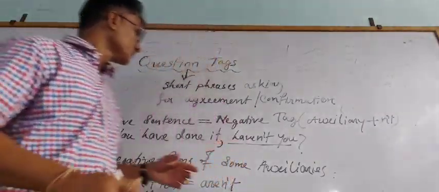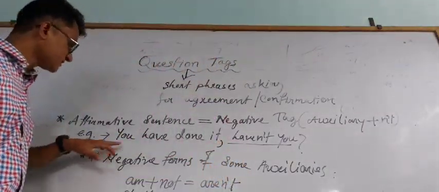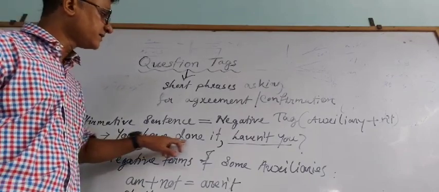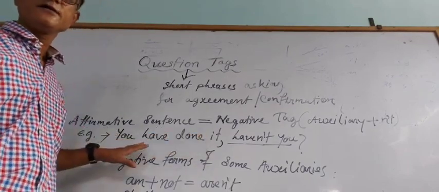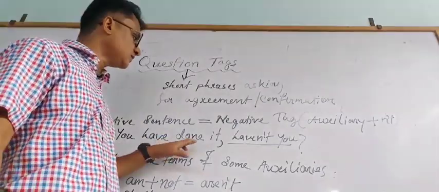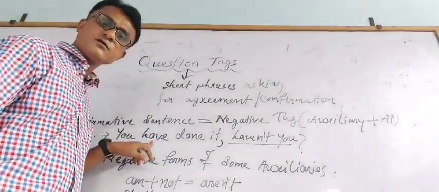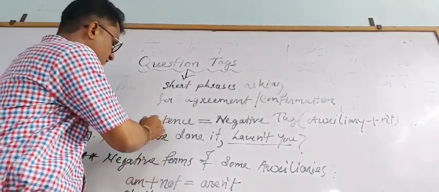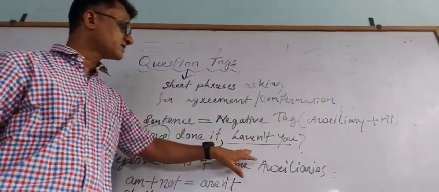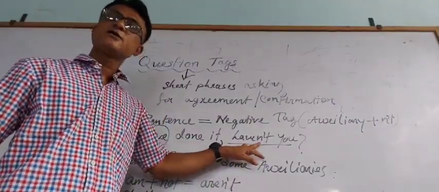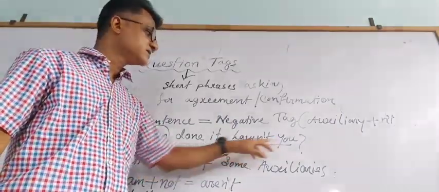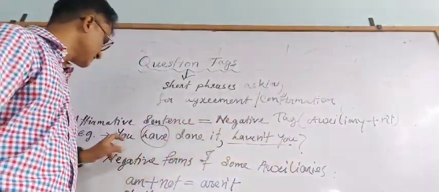Okay, so for example, you can see here, you have done it. So here the auxiliary is have. So I have just added not, but in contracted form. Haven't you, the subject is you.